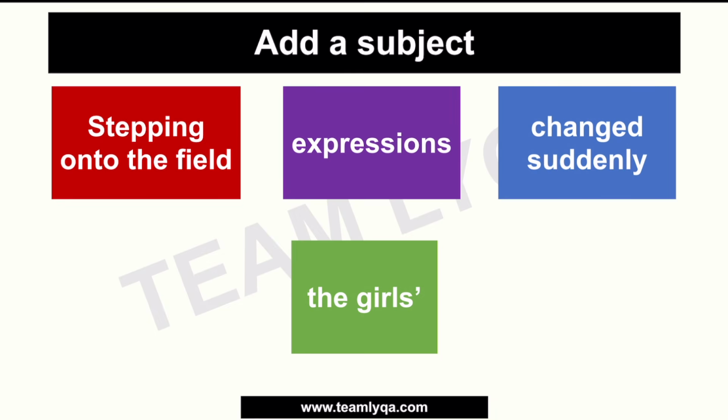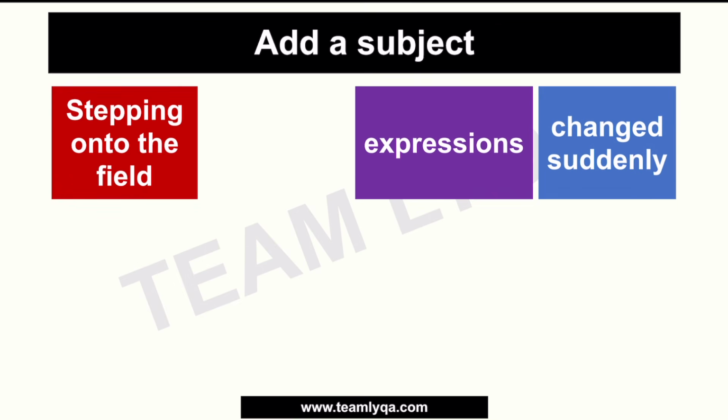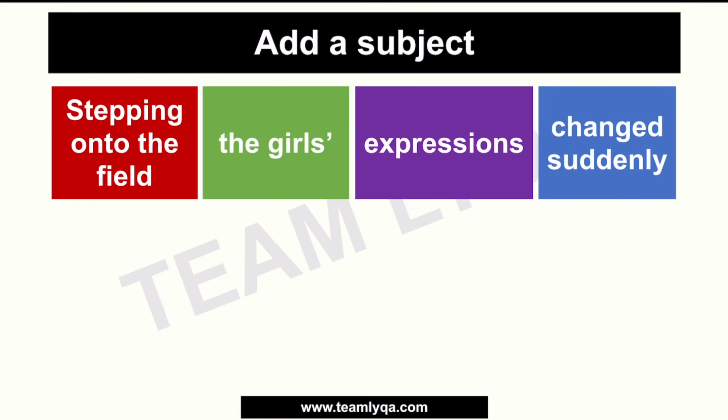This right here becomes the subject or the doer. Okay? Nung action ng pagsistep doon sa field. Sila rin yung may-ari nung expressions na mag-change suddenly. So, kung gusto natin na ganyan yung pwestuhan nila, we will rearrange it like this. You have the first three parts ng sentence kanina, isisingit natin yung girls right here.